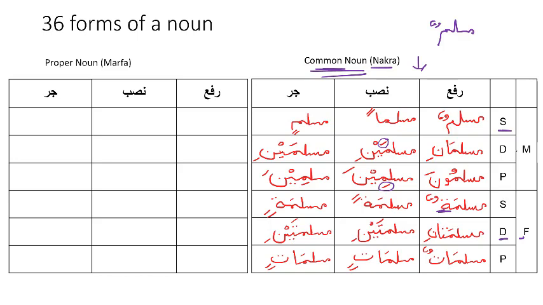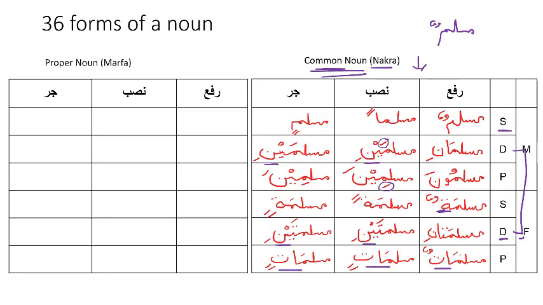Notice that with both male dual and female dual, we are adding this alif and noon for rafa, and we are adding ya and noon for nasab. Then female plural is muslimatun, muslimatin, muslimatin. Here we add an alif and a ta. So alif ta, alif ta, alif ta.